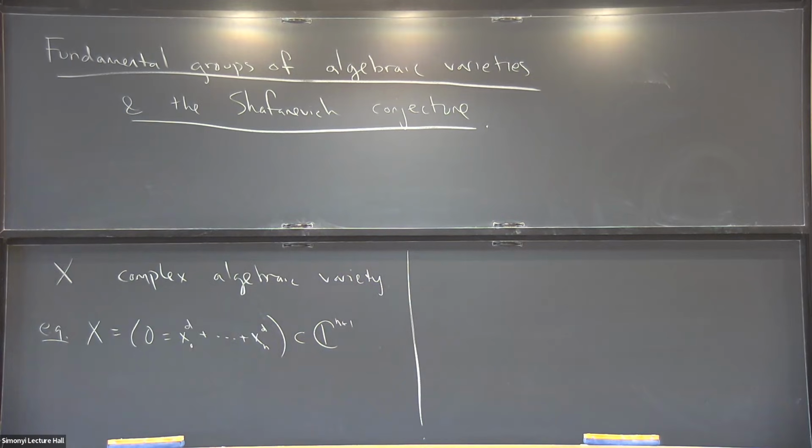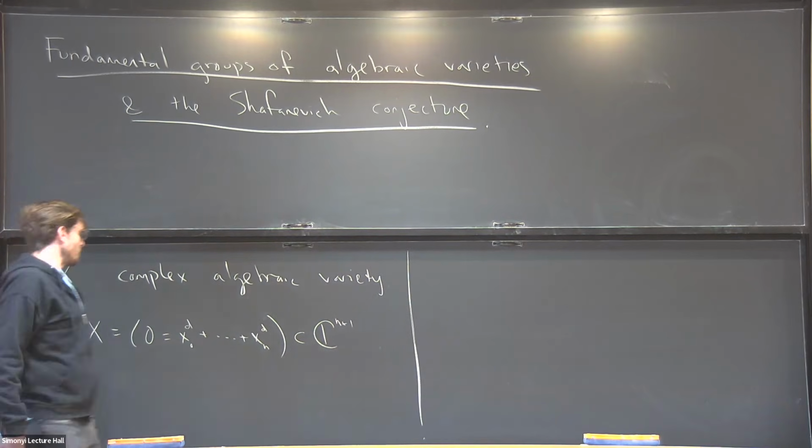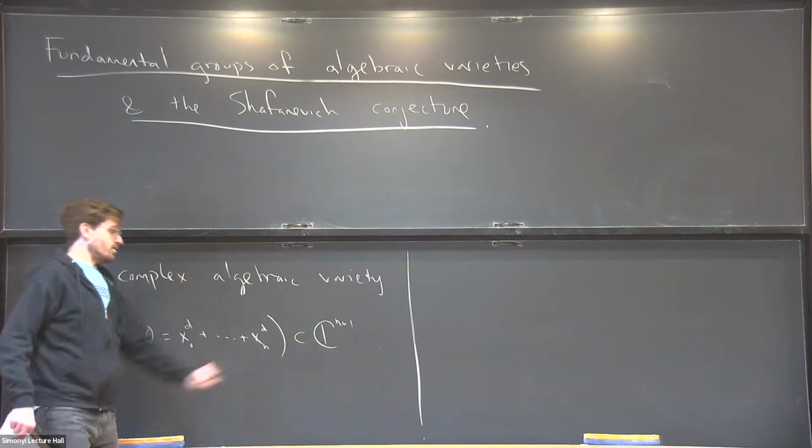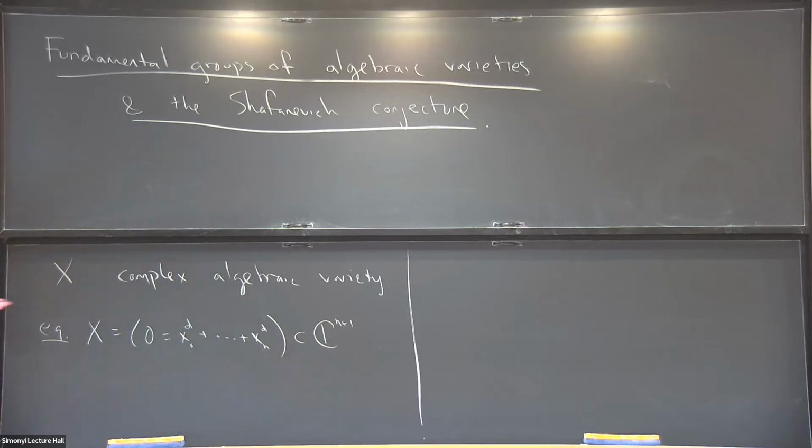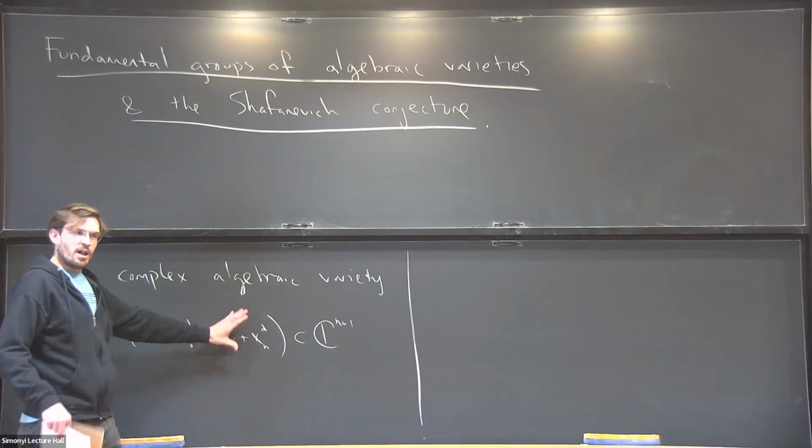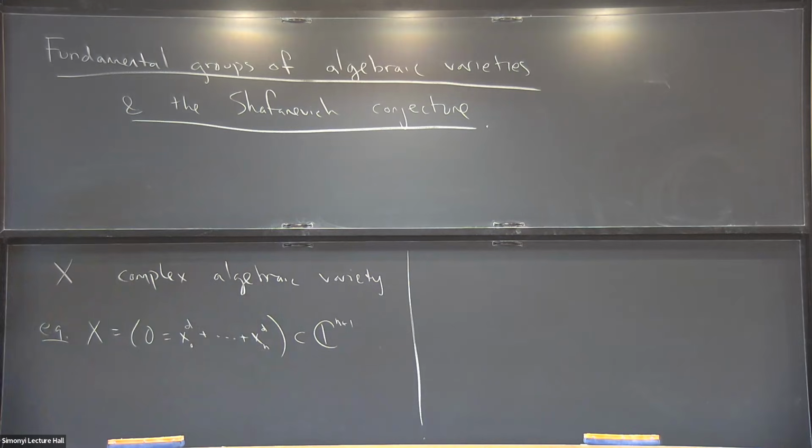But somehow I want to talk about any complex algebraic variety, so it might be the zero set of many polynomials, or zero sets of polynomials glued via polynomial transition functions. So that's what the general object is.